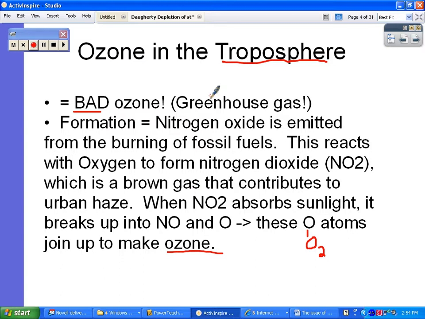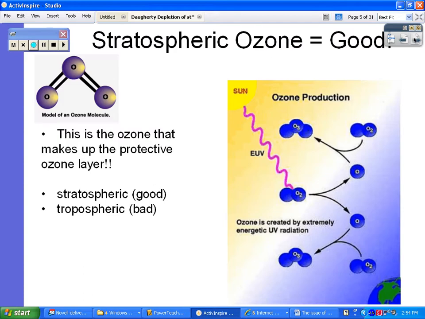So it's kind of a complex reaction, but if you build up to NO2 and then break it apart with sunlight, you get little O's by themselves, and if an O joins to O2, you get O3. And again, O3 in the troposphere where we live is bad. That's smog. We said that usually happens in the afternoon when the sun's really bad in cities.